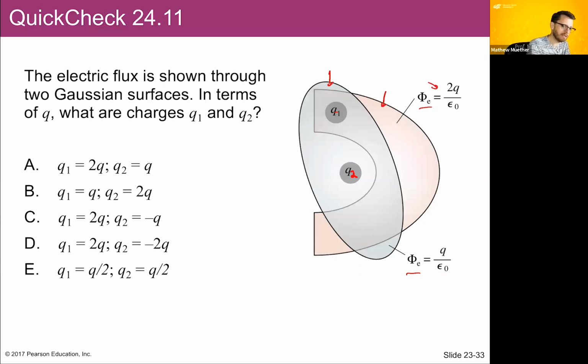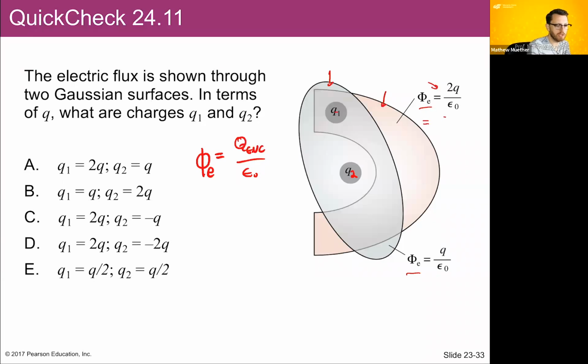We know Gauss's law tells us that through any Gaussian surface, the flux is just equal to the enclosed charge divided by epsilon naught. So if I come up here through this peach surface, they already gave me the total flux, and I know that has to equal the enclosed charge. What's the enclosed charge in that peach Gaussian surface?